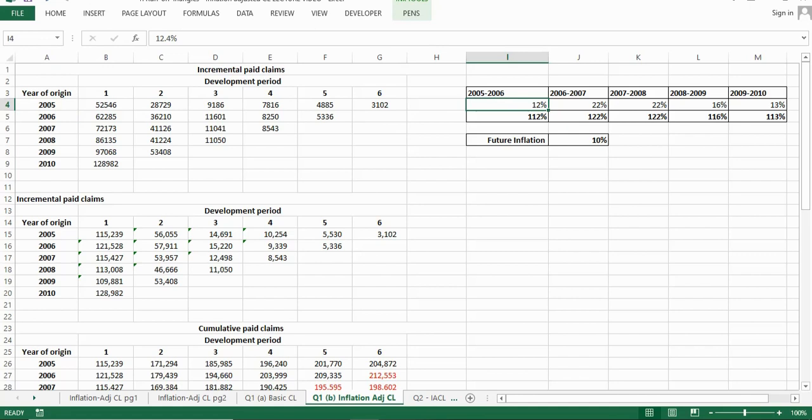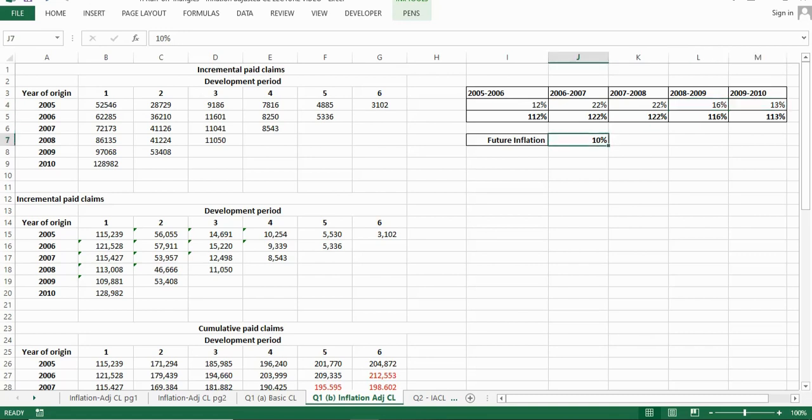So what will be the corresponding value of that amount in 2006? Okay, so it is inflated by 12%, so 112% times that value. So you will obtain that value of that amount which you have in 2005, which will be uplifted to the year 2006. You got 22% from 2006 to 07, 22%, 07 to 08, 16%, 13%.